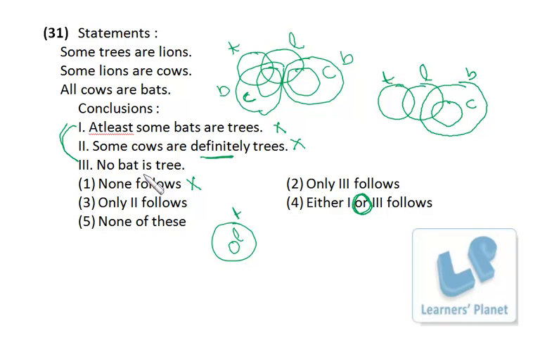So that can be correct, because either at least some bats are trees, that is true over here, or no bat is tree, that is true over here, right? So either this is true or this is true. That is very obvious also. At least some bats are tree or no bat is tree. So this one is correct. So that was very simple, I guess.